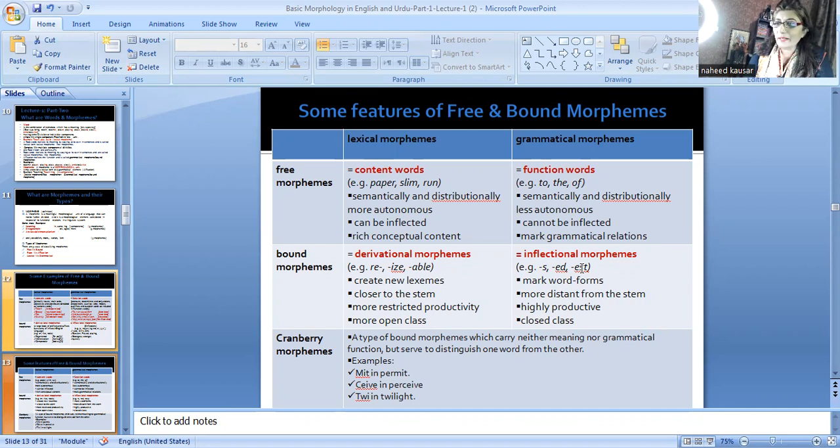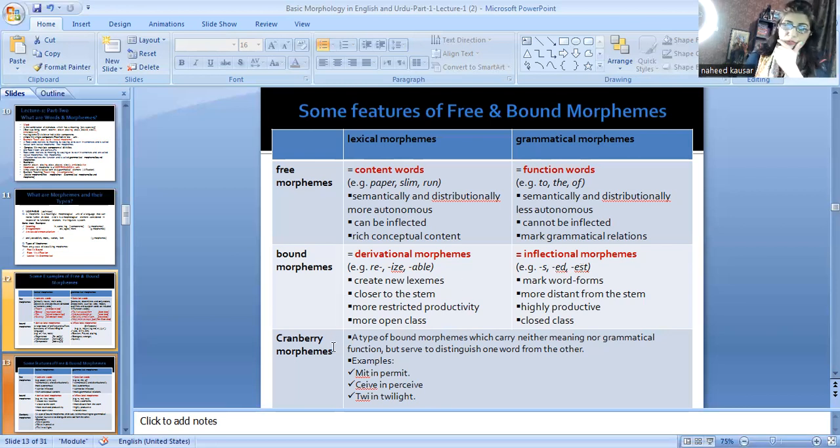Do not get upset because I'm hurriedly covering these features, but we will again discuss this slide in our next video related to the types and methods of morphology in the English language, that is, how we can make more or new words in English.